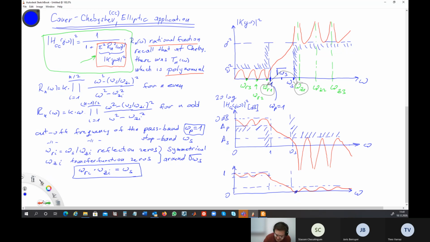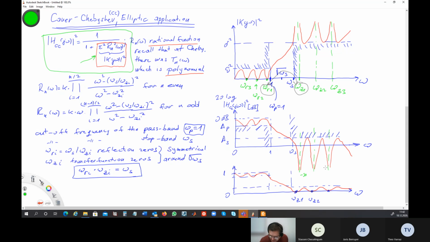Let's call it omega z1, omega z2. So when the gain is 0, if you make a logarithm of 0, you have minus infinity. That's why those here go to minus infinity. I think you understand it.